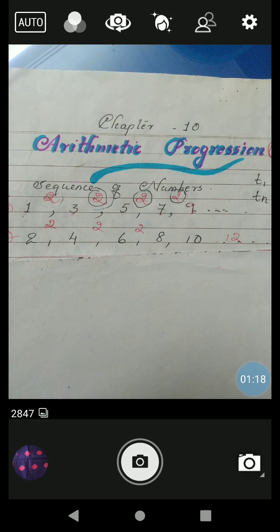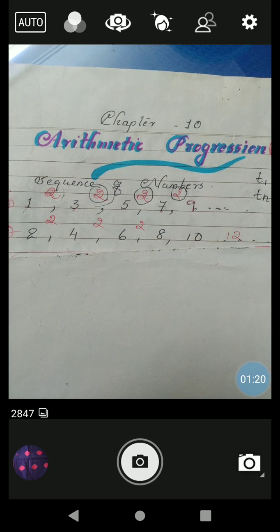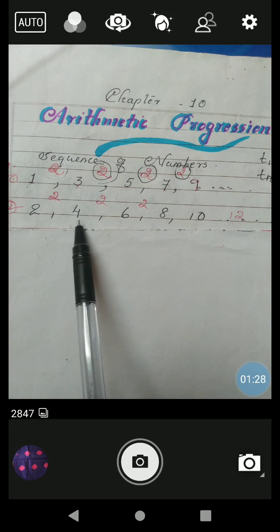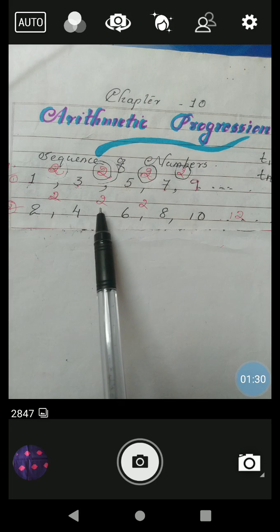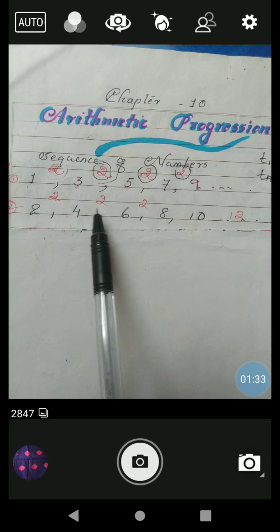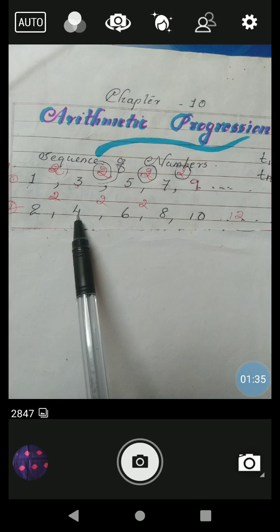You can see one more example, 2, 4, 6, 8, 10. Similarly, here also this sequence follows a certain rule. The difference between two consecutive terms is 2. If we add 2 to this term, we will get the next term, right?